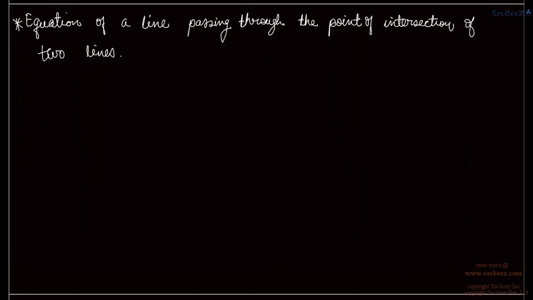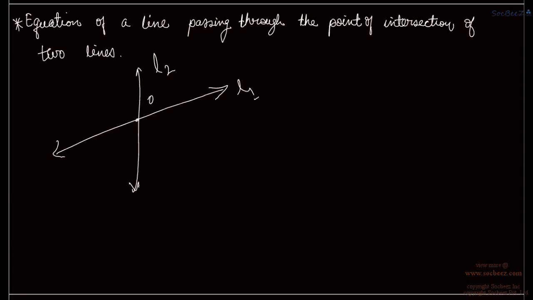Equation of a line passing through the point of intersection of two lines. So we have two lines, say L1 and L2, intersecting at point say O, and we have to find the equation of a line which is passing through this point. So there can be infinite lines, right?